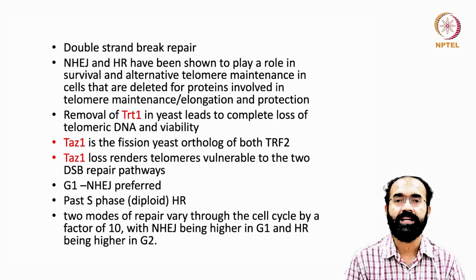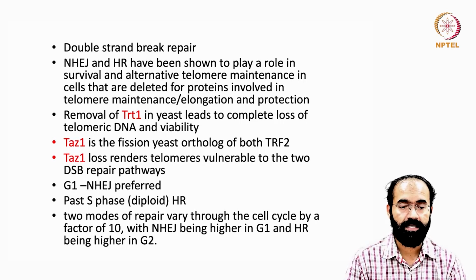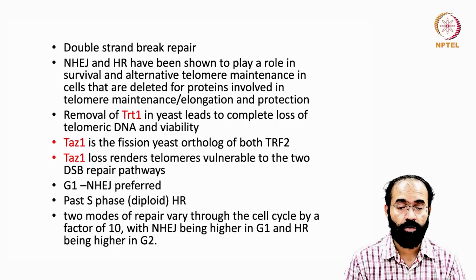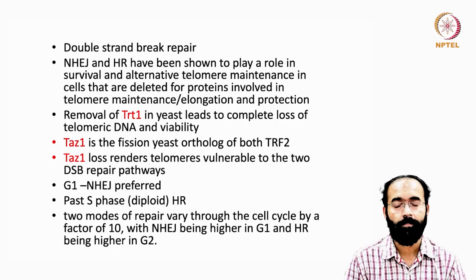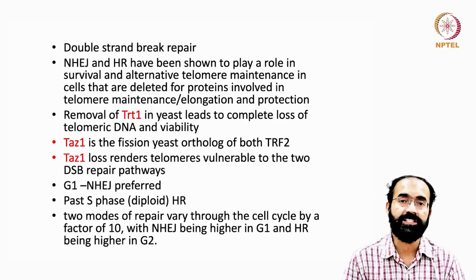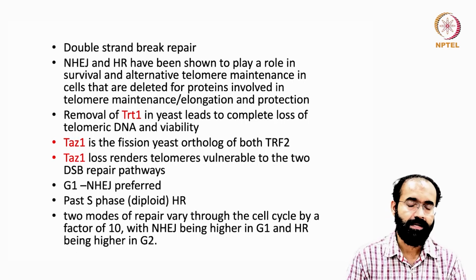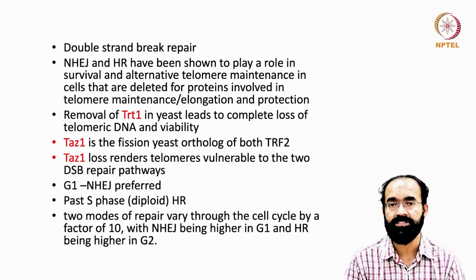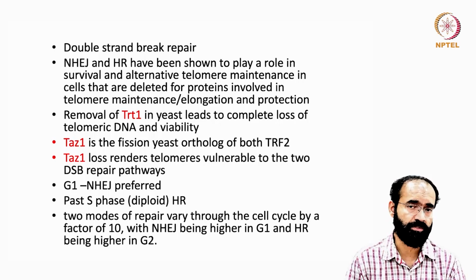So we should understand that NHEJ and HR normally play a major role in survival and also in alternative telomere maintenance. So sometimes NHEJ is necessary for repairing the damaged DNA. But if the break has happened in a gene, then NHEJ often results in a loss of information. Same with homologous recombination also.